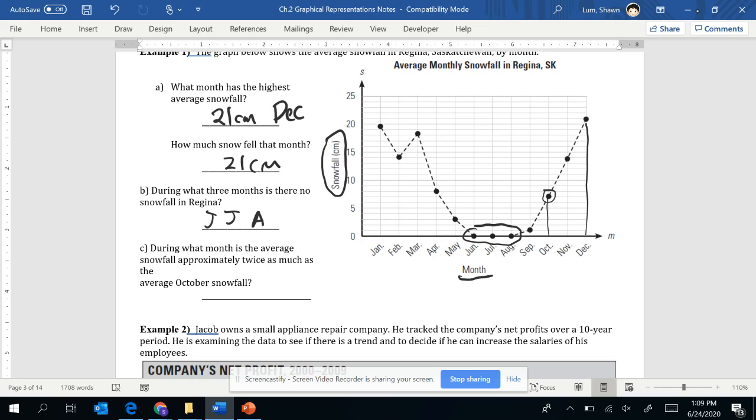So that's 5, 6, 7 right there. So you want to see something that is twice as much as that. So in other words, 7 times 2 is 14. So we're going to look at 15 here. So here's 14, and we see right there, and pretty much that one right there. So I would say February and maybe November.